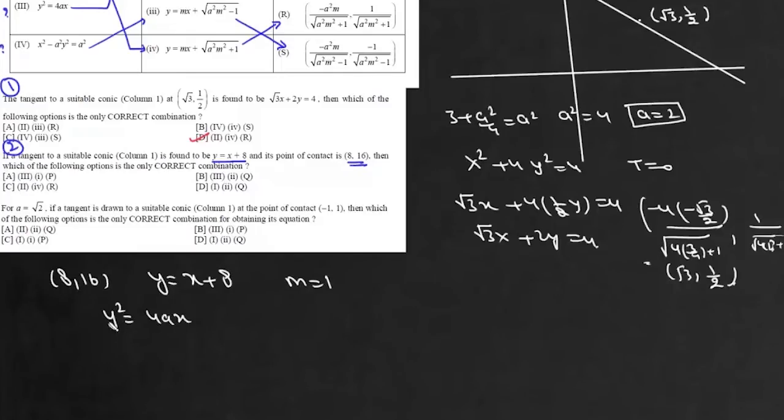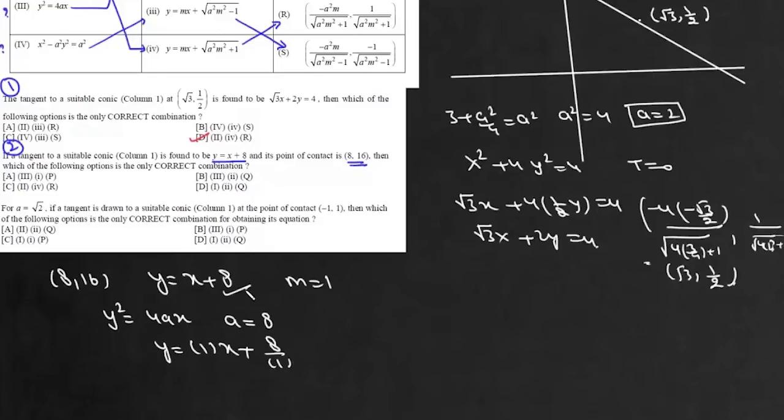So first we'll check for this parabola. Now this is 16 square and this is 16 into 2. So the value of a is 8. And we know that the equation of tangent is given by y equals mx plus a by m.